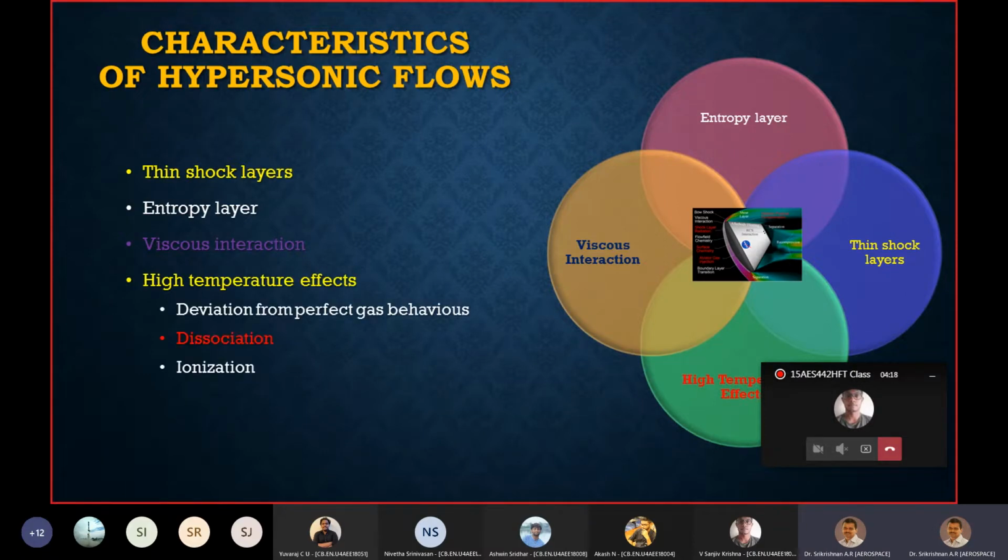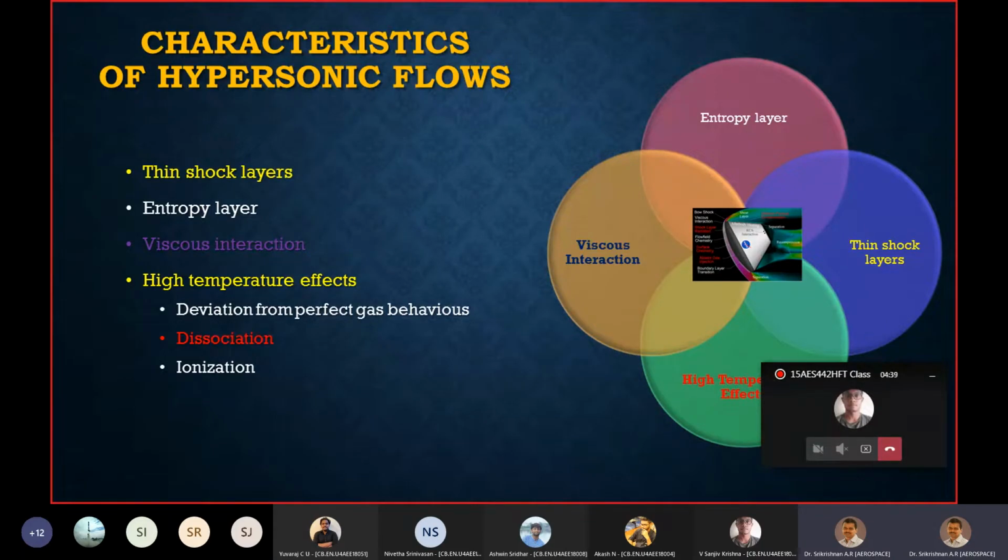These are the four phenomena which are unique for hypersonic flows, and any hypersonic flow application will have more or less all of these effects to some significant or considerable extent.